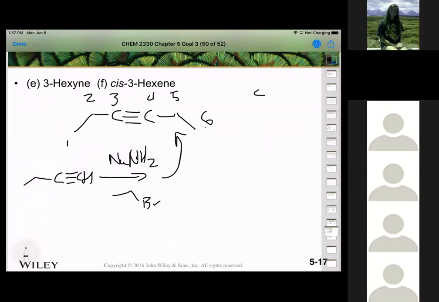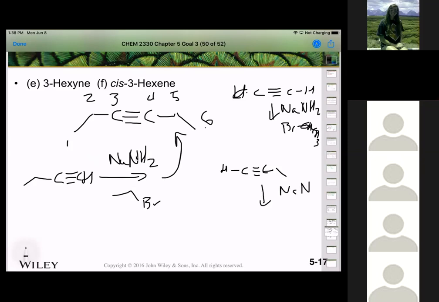If we started with acetylene right here, we could do sodium amide, followed by ethyl bromide, Br, CH2, CH3, that's ethyl bromide, which gives us the first product, 1-butyne. Then we react it again with sodium amide and the bromoethyl group to give us our second one.